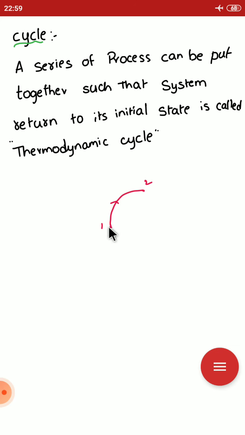This is the initial state and the system returns to its initial state. This is one process, this is another process, and a series of processes put together such that the system returns to its initial state is called a cycle. Thermodynamic cycle we call it simply a cycle.